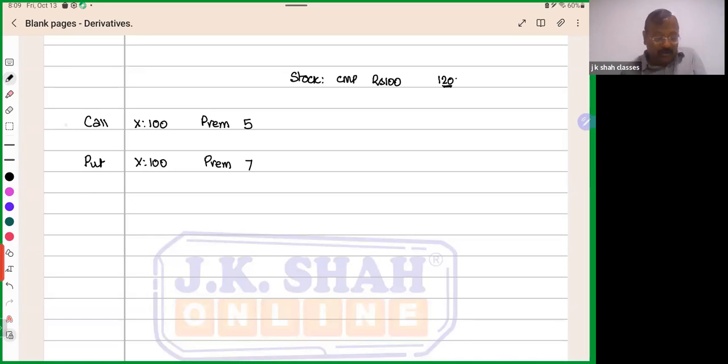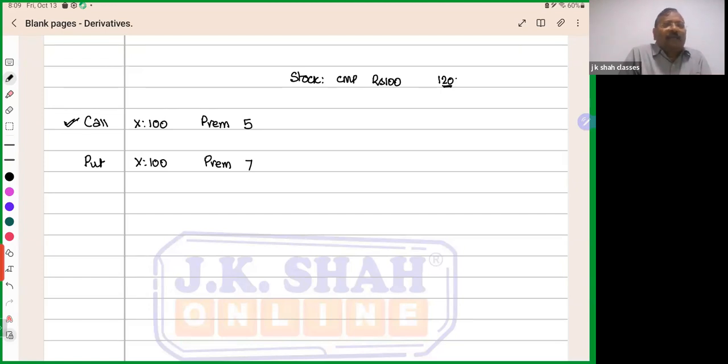Now, what will be the value of this call approximately? What will be the value of this call approximately? How 115? One minute. There is a call with a strike price of 100, right to buy at 100.